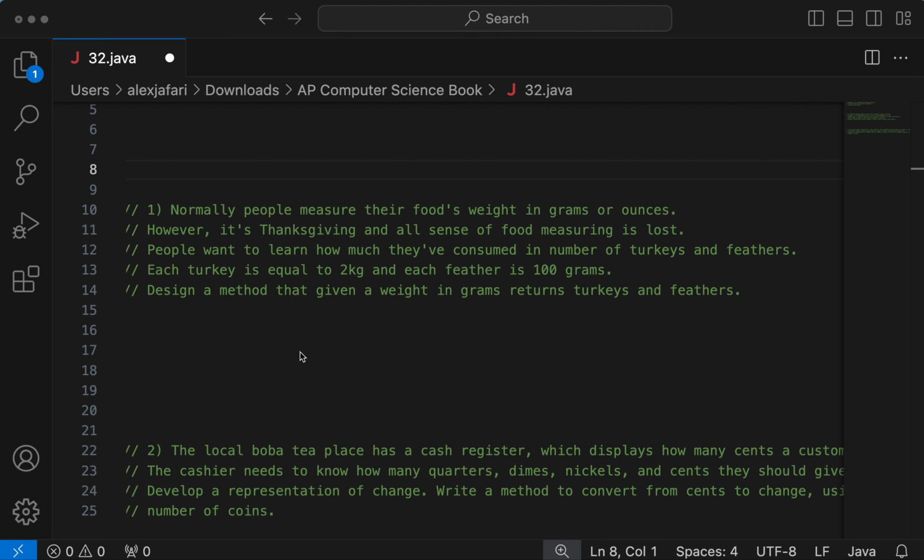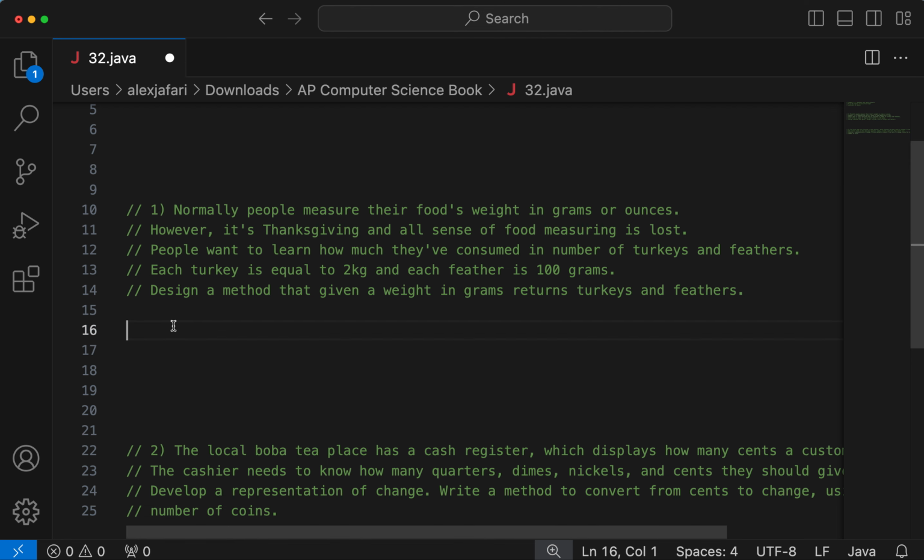I think it's similar to the height conversion problem. Exactly. So we had the height in centimeters, and we wanted to return feet and inches, right? So we created a new height class, and it had the feet and inches.